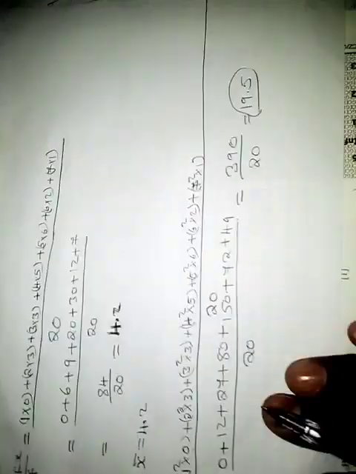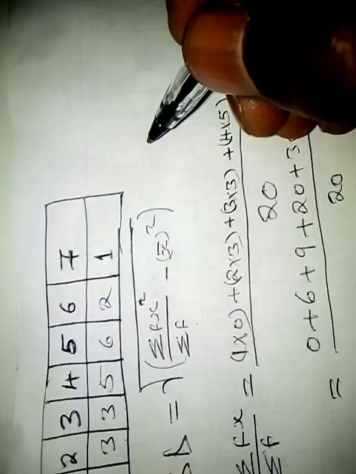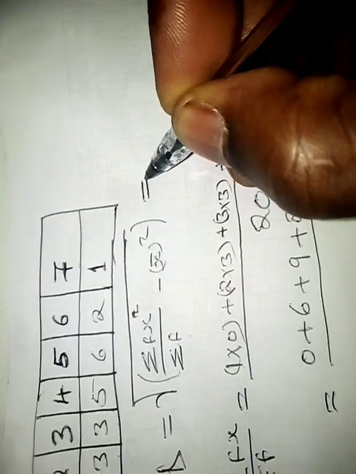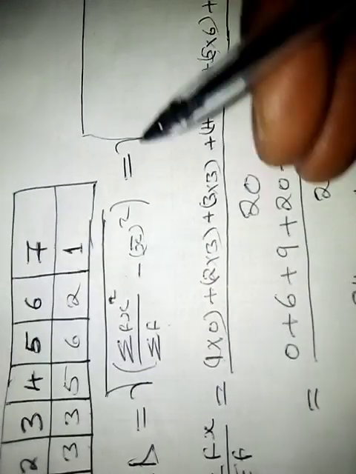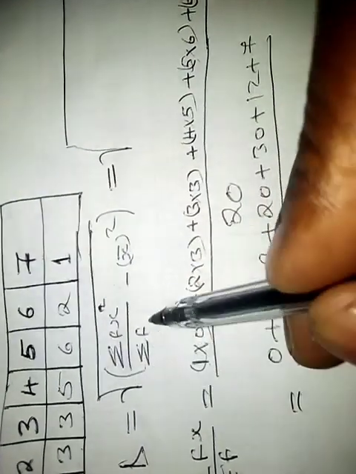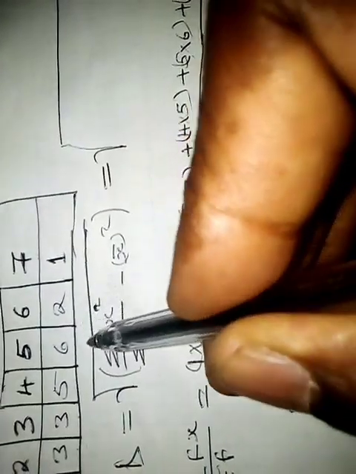Remember, this is what we have. Now, let's go back to the formula. This is the formula that we have here. So we can safely now say, inside the square root, this has given us 19.5.